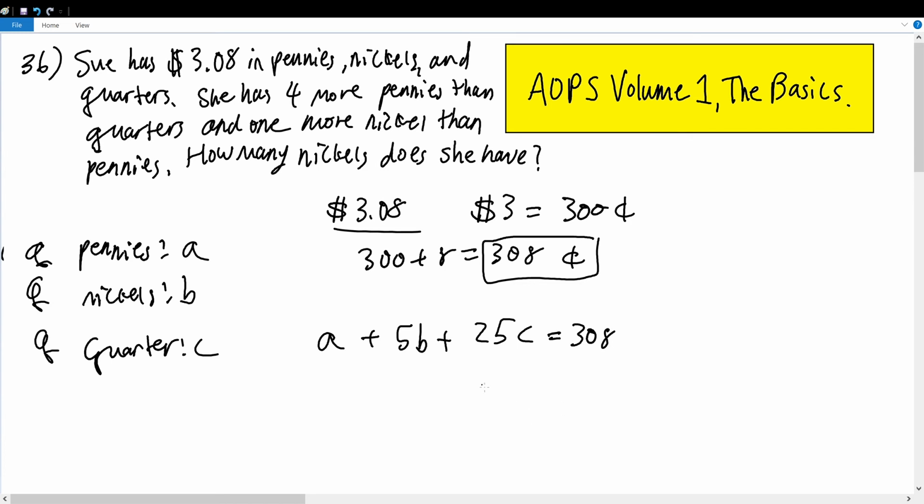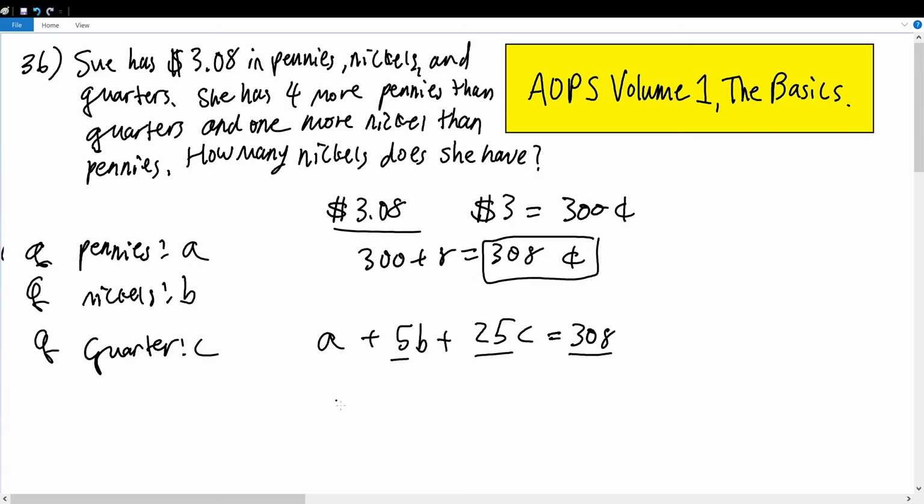The reason we can do this, and not express each coefficient as 0.01, 0.05, and 0.25, is because the unit we're expressing it in is cents. We're not expressing this in dollars. If this was in dollars, then the coefficients would be 0.01, 0.05, and 0.25, the amount of dollars each coin is worth. So that is why we have A plus 5B plus 25C equal to 308.